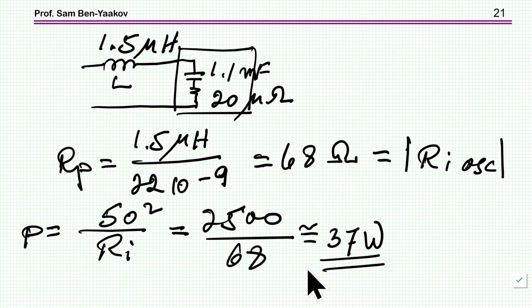So again, doing the calculation of RP, I find that this system will be unstable with a power level above 37 watts, very little.